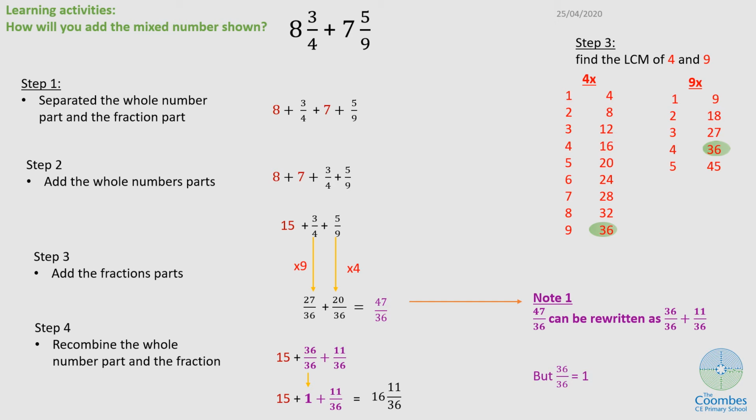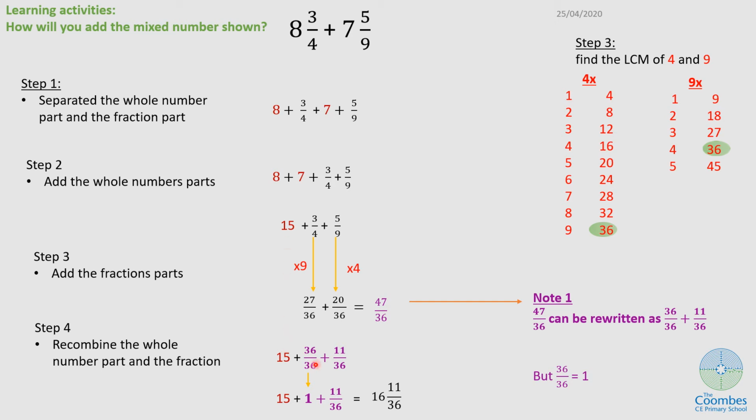We know that 47 over 36, we can rewrite it as 36 over 36 plus 11 over 36. Now, rewriting the whole thing here, I now have the whole 15, which was here.